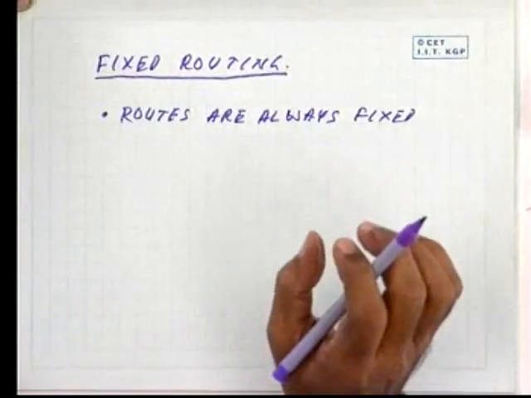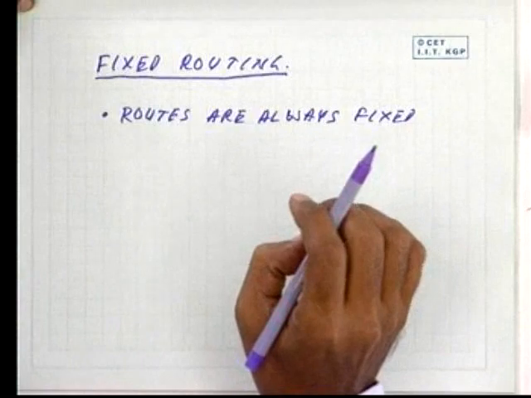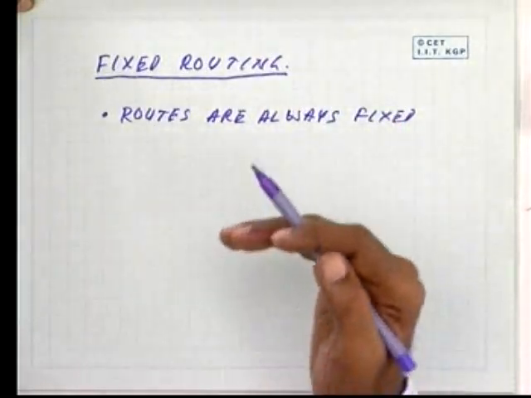That means fixed routing is used based on the topology or fixed information, which does not change quickly. That means these routing techniques cannot be based on the flow or the way the packets are sent. It has to be based on topology or something which is static.